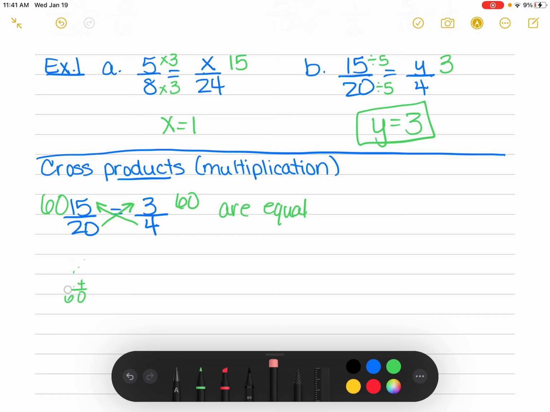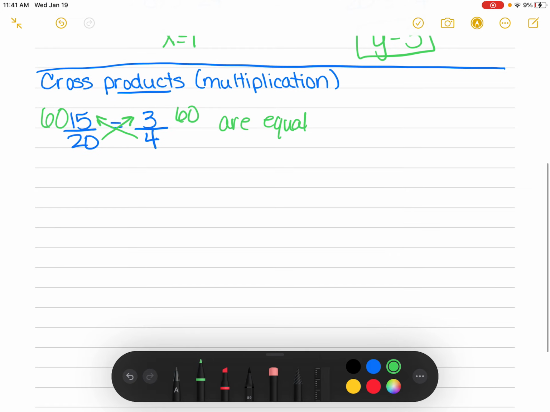Okay? So now let's do a couple of practice ones with this type. You're going to have a section in your homework tonight where they're going to say, are these two numbers equal? This is example 2.